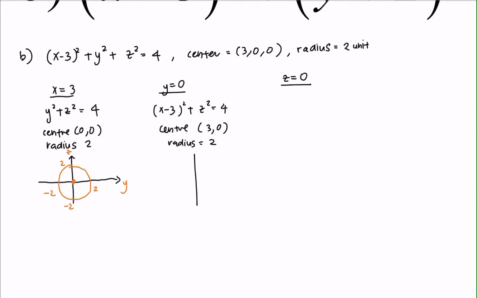If we sketch the graph on the x z plane, its center is at 3, 0, so let's say here is 3. It's 2 units, so it will look like this.